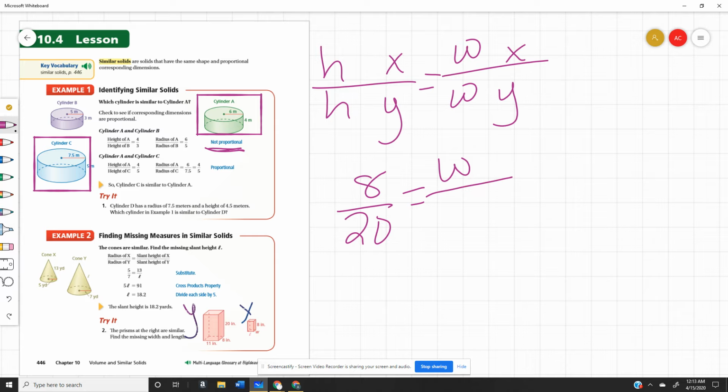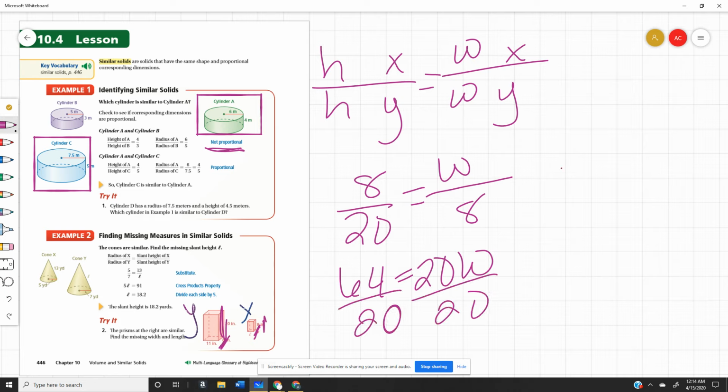So we've got our height of X is 8 right here. Our height of Y is 20 right here. Our width of X, we don't know. And our width of Y is 8, okay? Cross multiply, 8 times 8 is 64 equals 20W. Divide by 20.